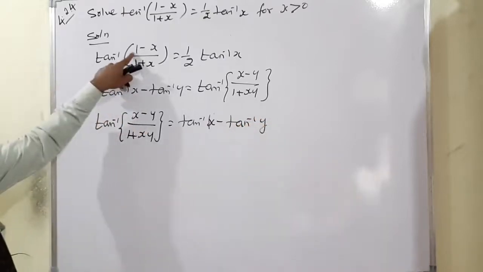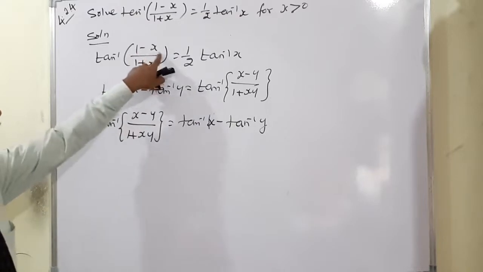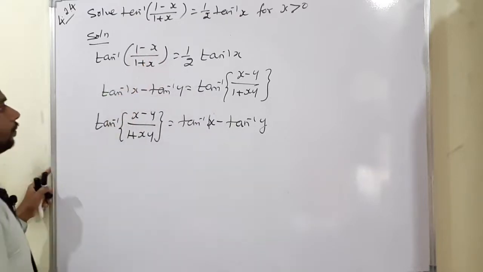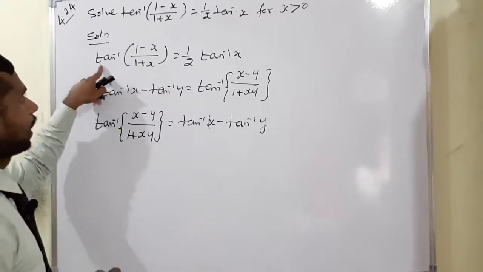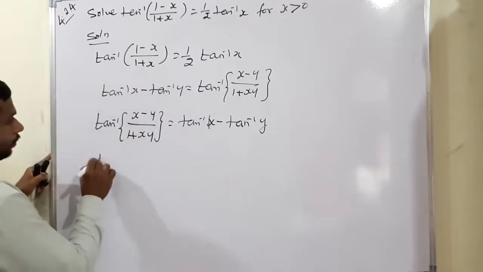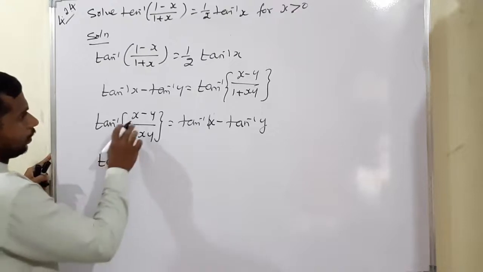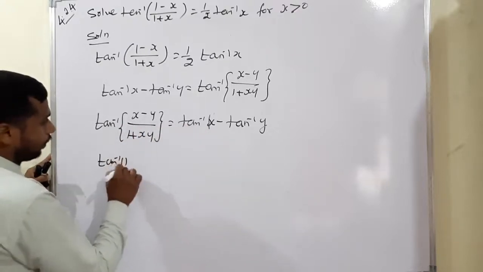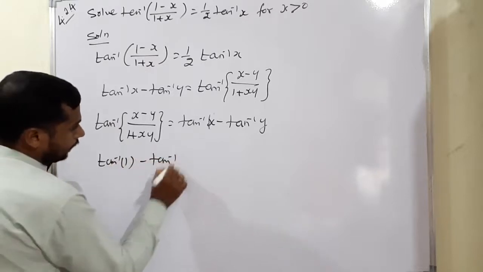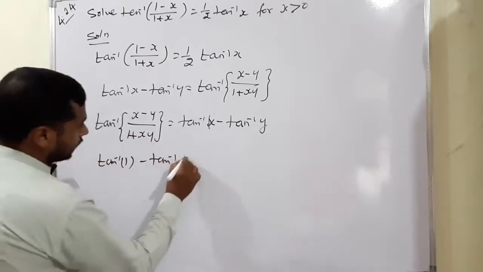Instead of x we can take the value 1, and instead of y we can take x. So what will happen? Tan inverse 1 minus tan inverse of x, isn't it?